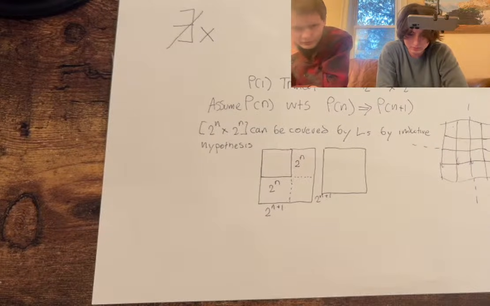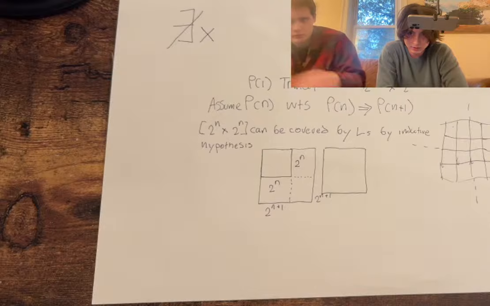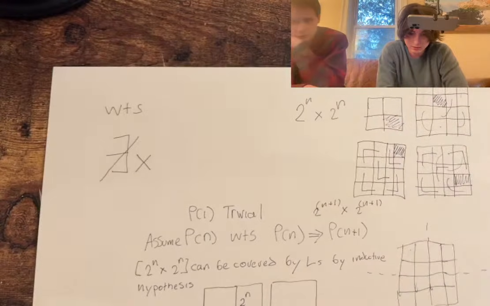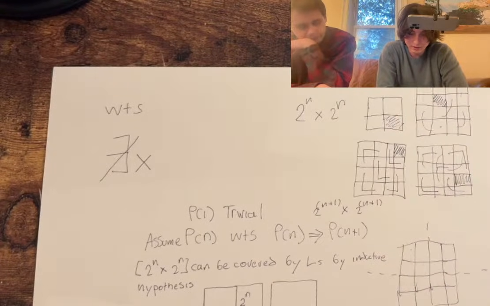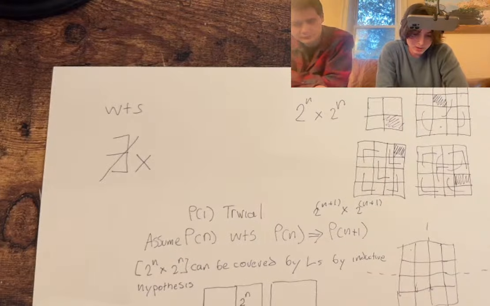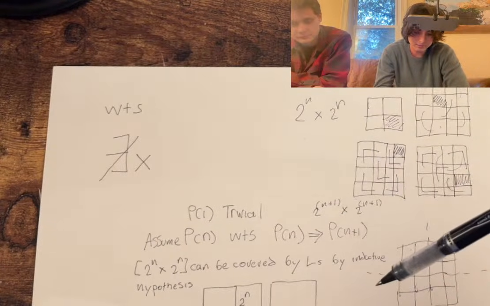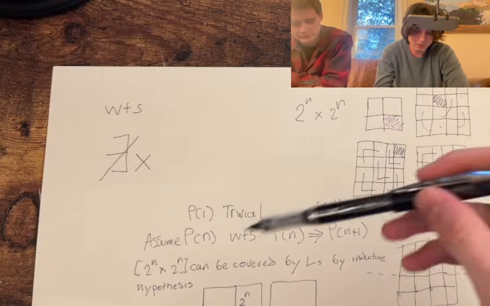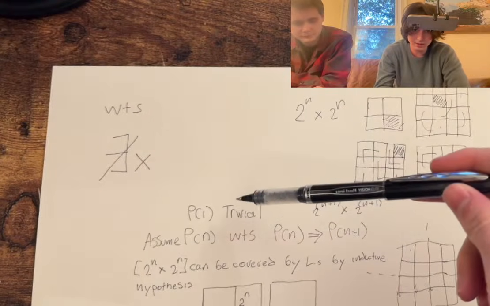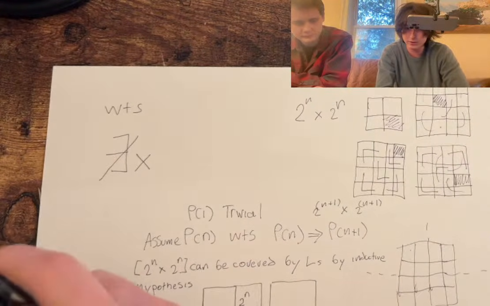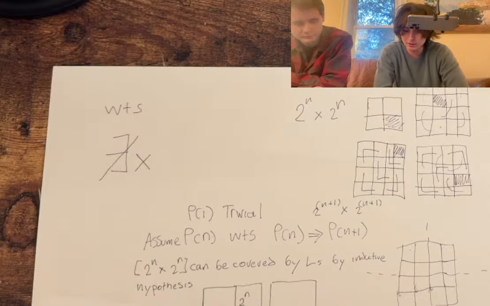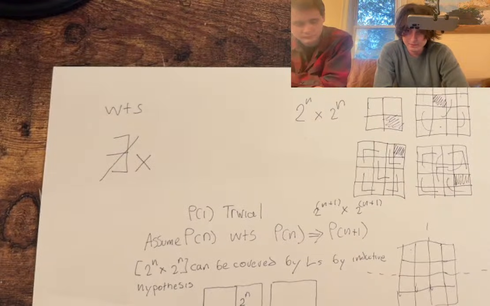And then we just got to talk about how we can rotate this thing to do whatever we want. You could say, in both this assumption and the P of n assumption, that it holds true without loss of generality, and that would be sufficient, I guess.